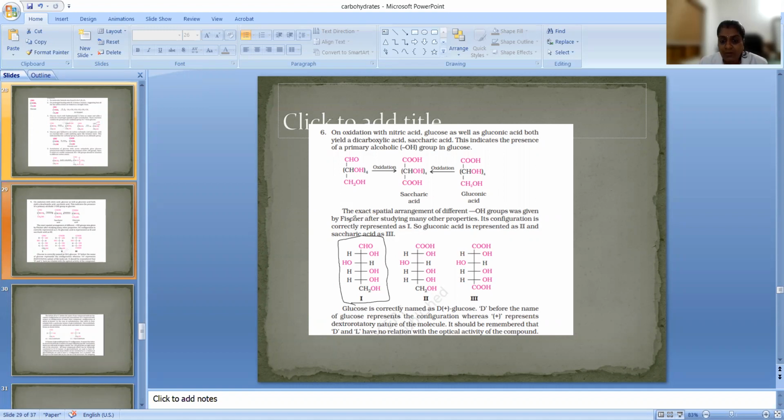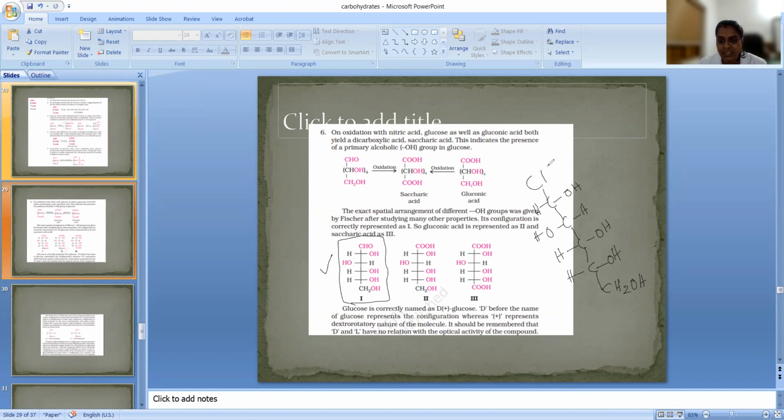Okay. And from all these 6 experiments, we understood that the structure of glucose is like this. How is it? CH2OH here down, and after that 1 H here, 1 OH here. So next also the same, 1 OH here, 1 H here. Now there is a flipping here, that is 1 H here and 1 OH here. And after that, in the same way, we write 1 H here, 1 OH here, and CHO.